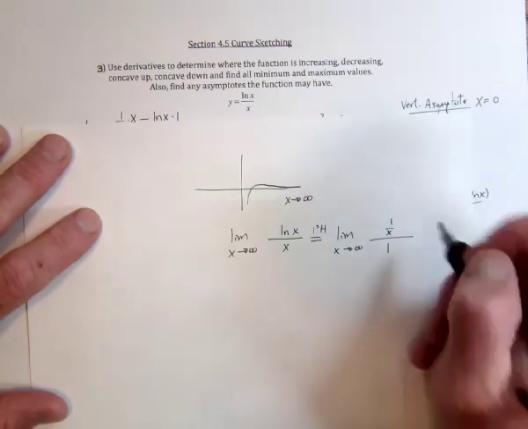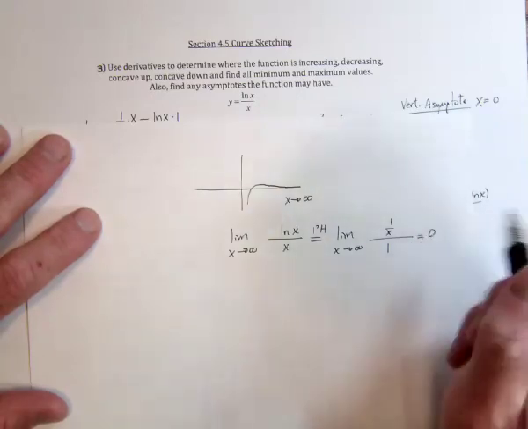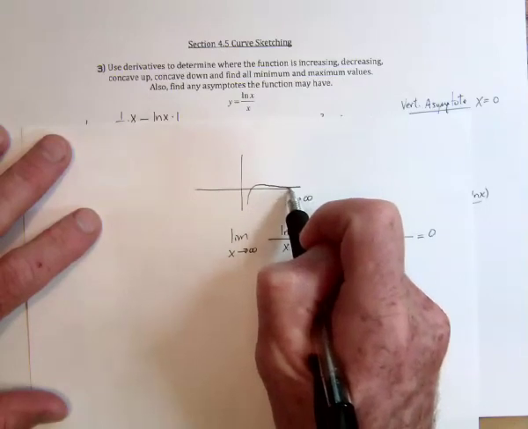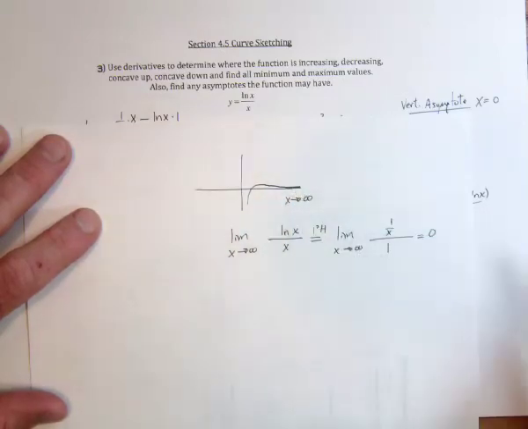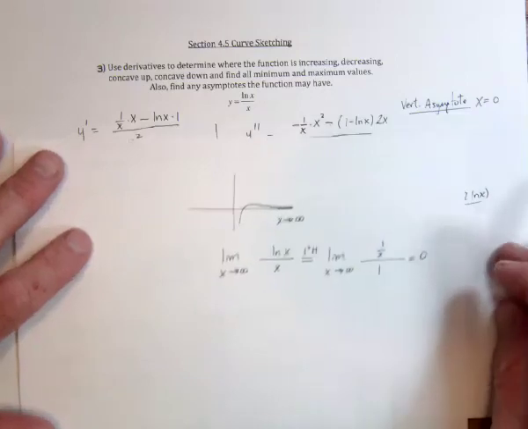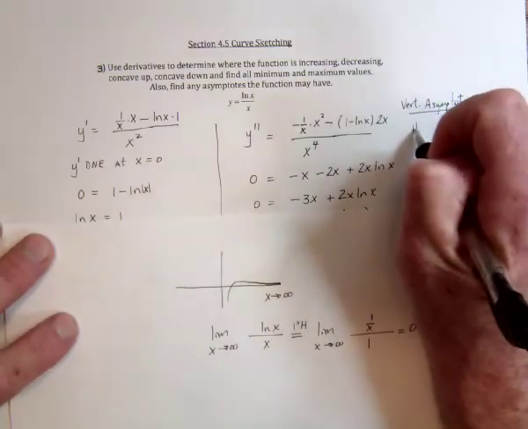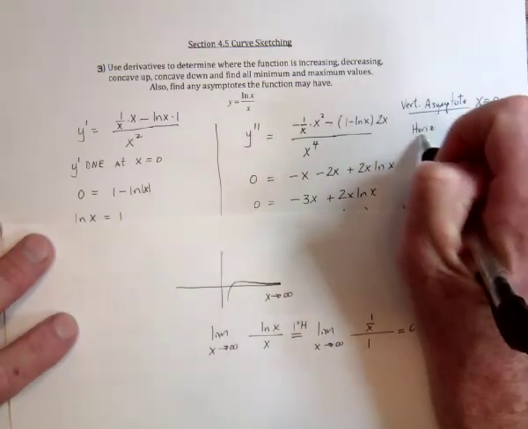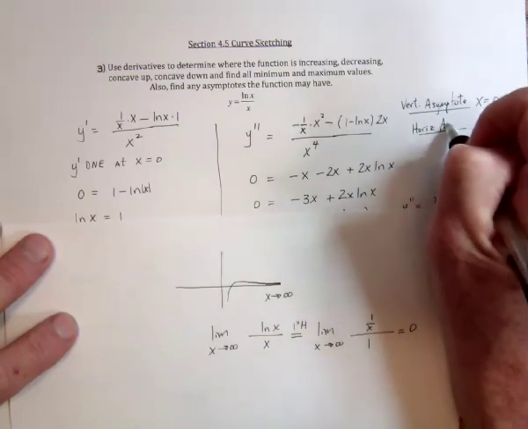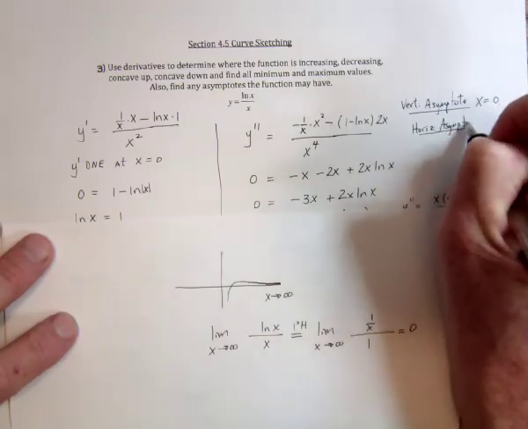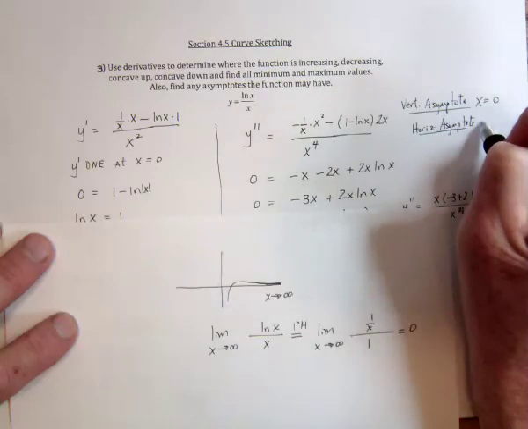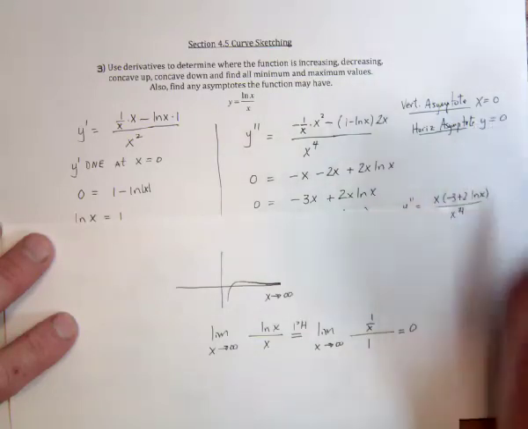So now we would have 1 divided by infinity, which is 0. So this function is getting closer and closer to the x-axis. Or in other words, we've got a horizontal asymptote, the x-axis, which is y equals 0.